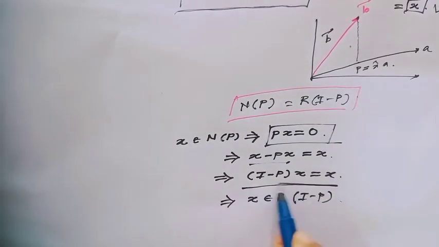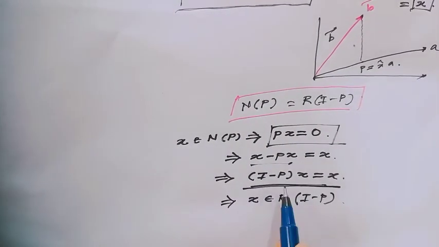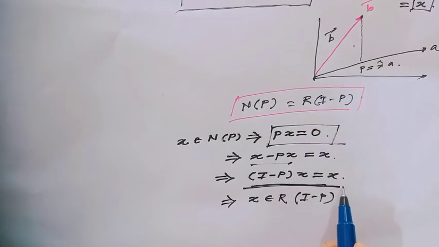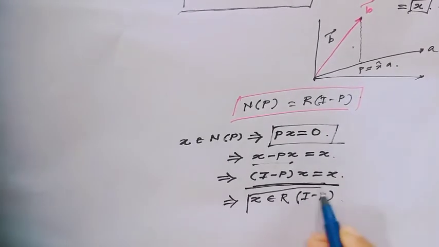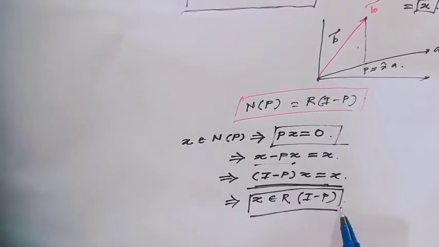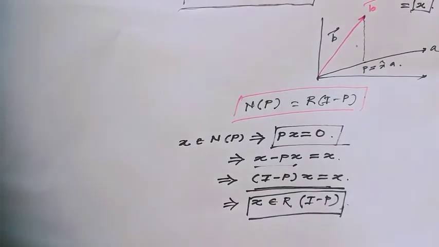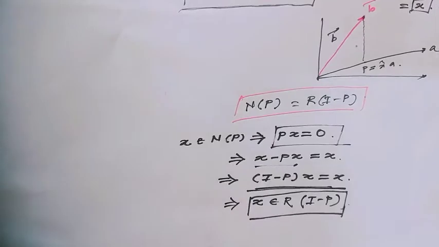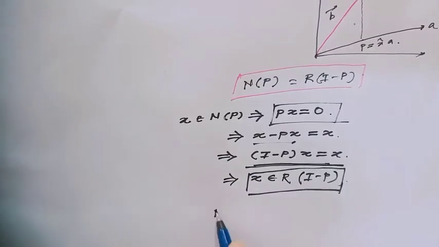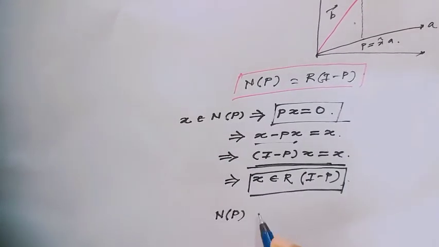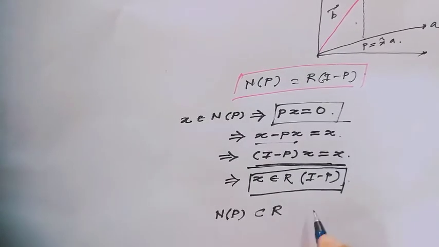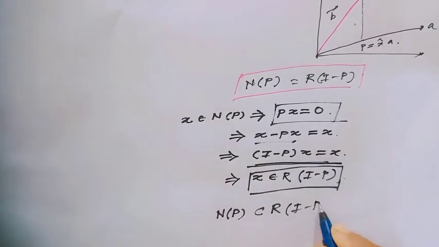From this line, since (I minus P)x equals x, that means obviously x belongs to the range of I minus P. Are you getting? That means the null space of P is contained in the range space of I minus P.